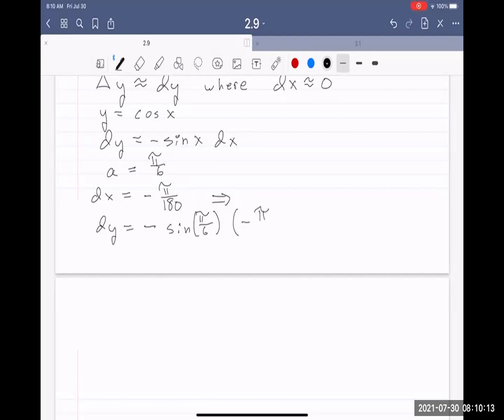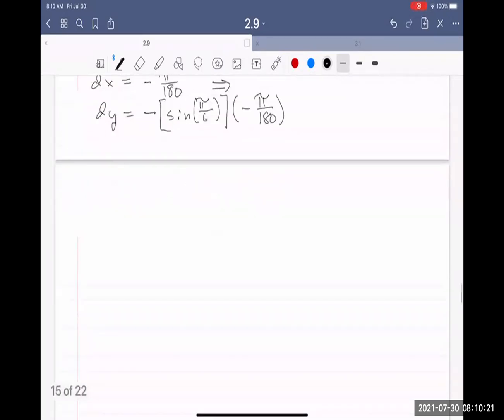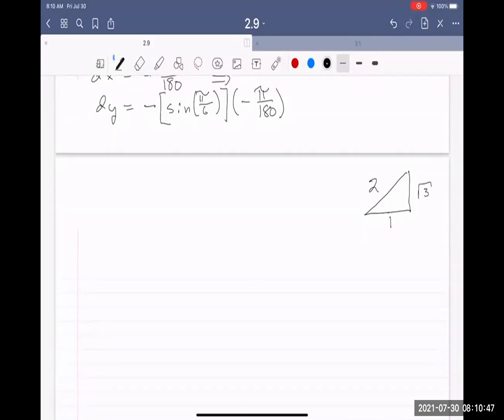Well, let's recall, if this is a 30, 60, 90 triangle, this is a 30, that's 60 degrees, that's pi over 3.